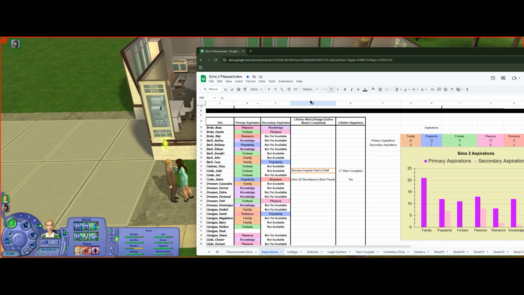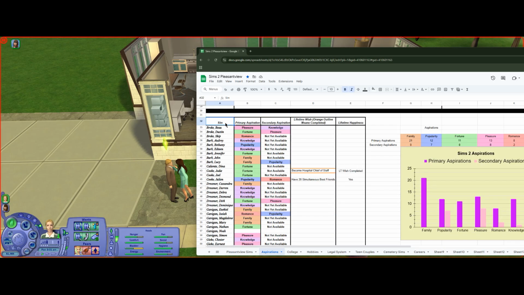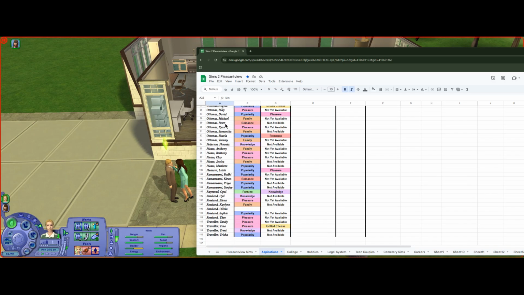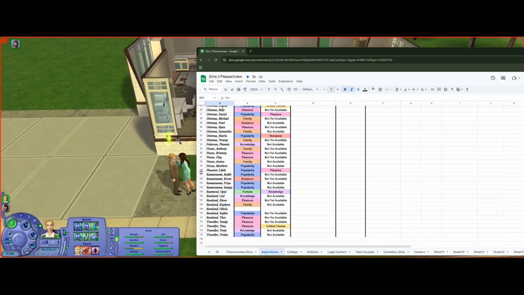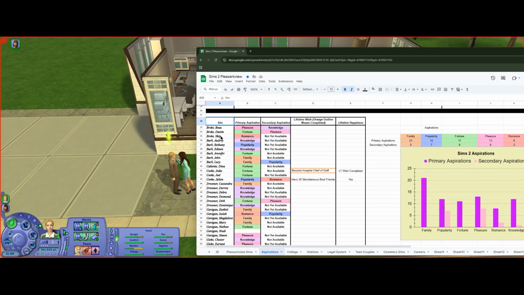So that's why I have this here. What we have is our sim column, which has everybody in Pleasantview, which doesn't have specifically everybody yet because I have to add some sims now that some sims are born.